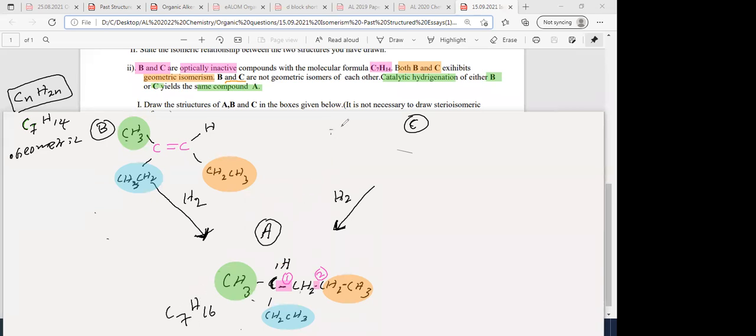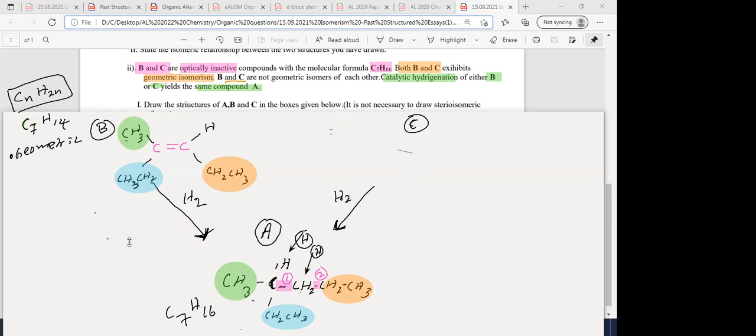This is 1 hydrogen I have to remove, and this is the other. Or else I'll put an arrow toward that. So these are the 2 hydrogen I have to take out to make it a double bond.